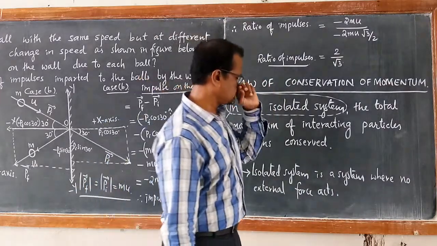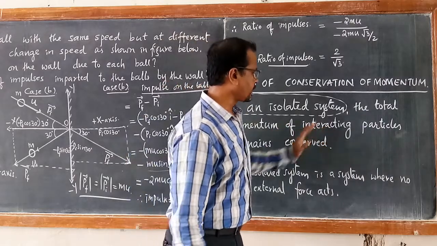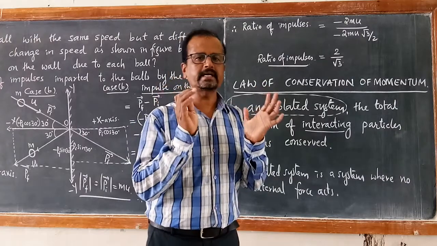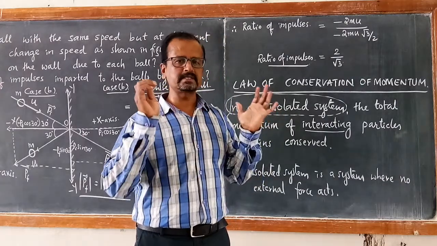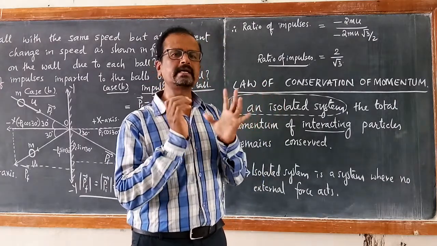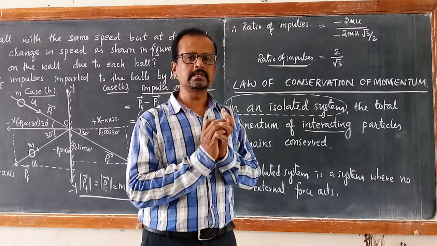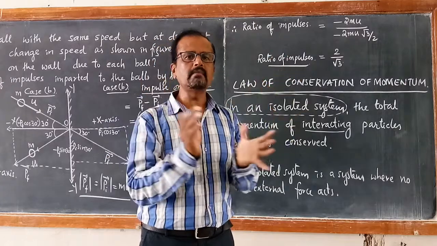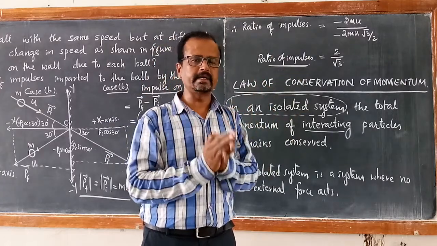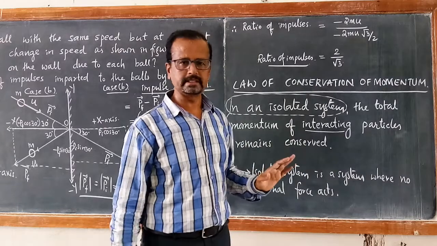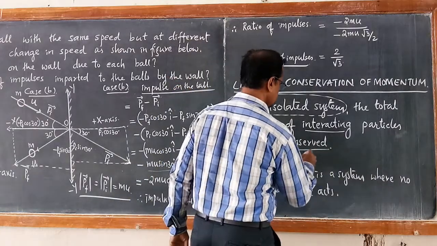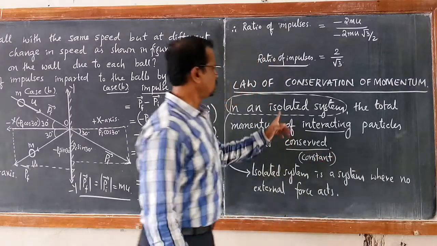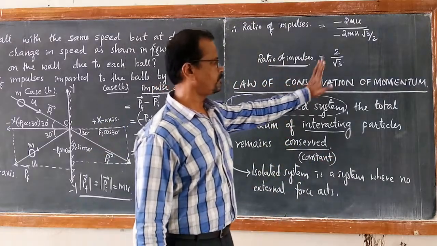And the second thing is interaction. There must be interaction among the particles, among the objects, among the bodies. Whenever there is an interaction between the bodies in an isolated system, the total momentum of those interacting particles remains constant. Conserved means constant. So this is the meaning of the law of conservation of momentum.